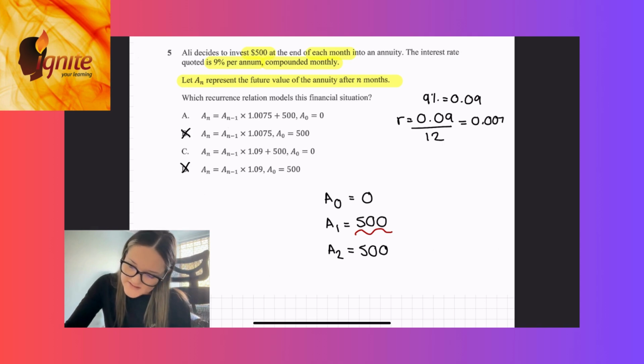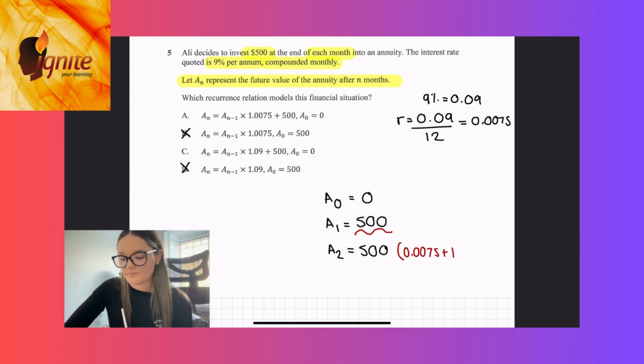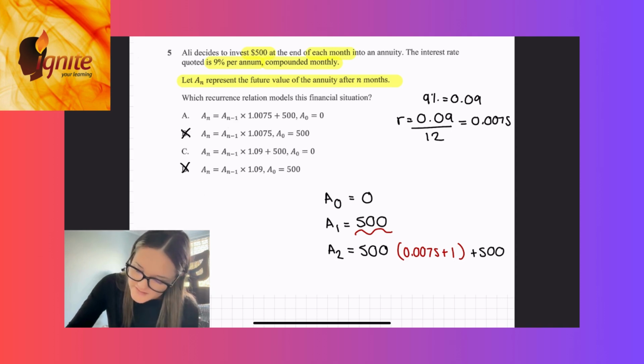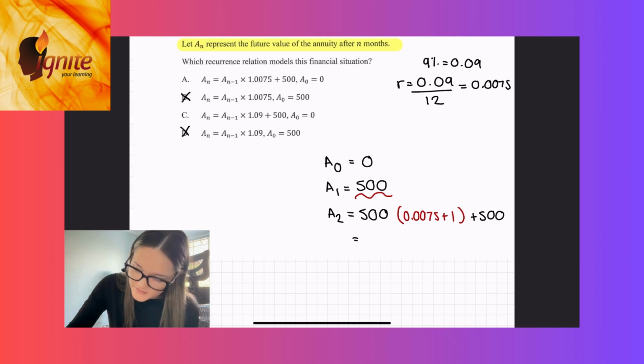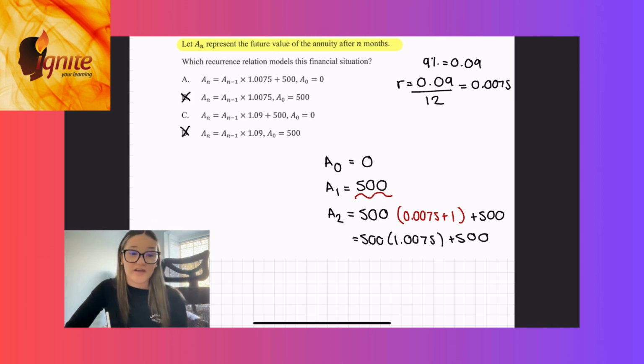So in my brackets here, this $500 in our account has been compounded by 0.0075 plus 1. Okay, therefore then at the end of the second month, she adds in another $500. So I can rewrite this as 500 times 1.0075 plus 500.